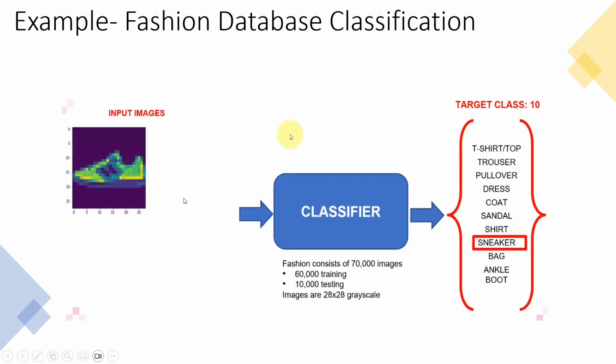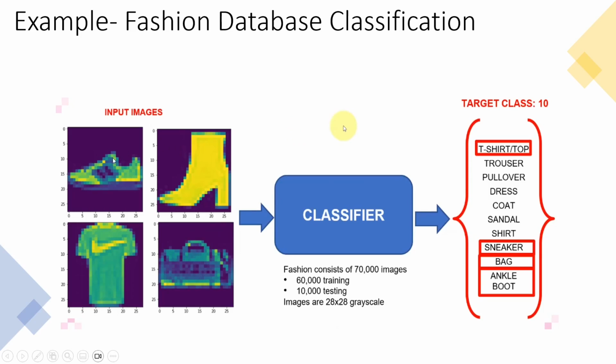For example, for this input image, if we can train our classifier well, we will expect the classifier to give the highest probability to sneaker. It's going to give 10 probabilities because we have 10 neurons at the end of the network, but the highest probability is going to be for the sneaker.